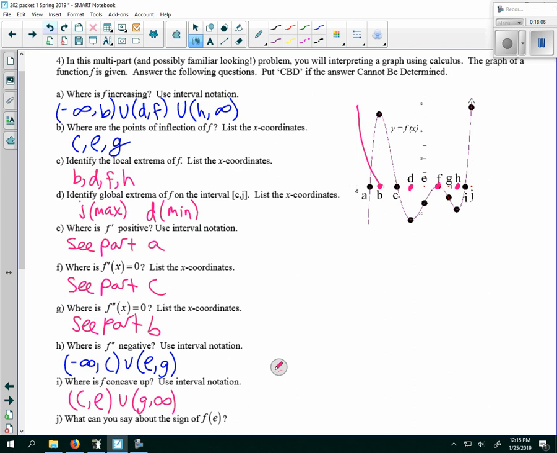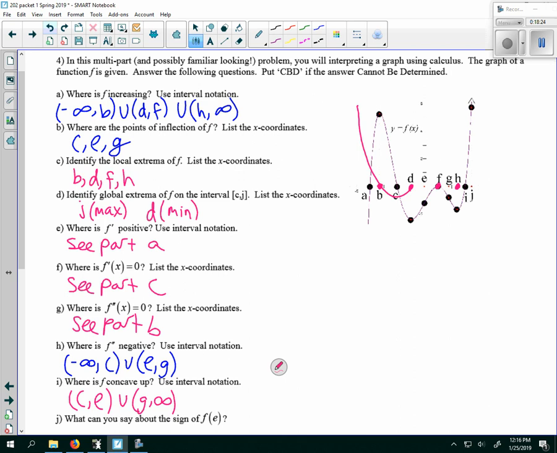Okay. And then between B and D, if I draw tangent lines, they are all negative slopes. So that means that between B and D, the derivative is negative, or below the x-axis. So something like that, below the x-axis.